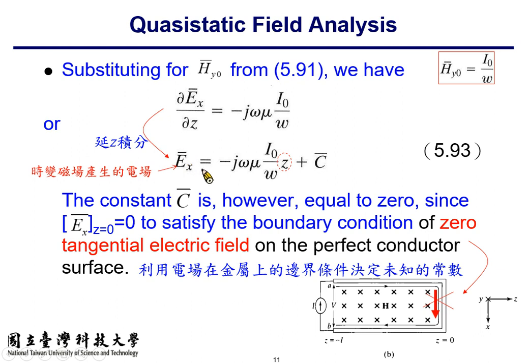So you see EX equals minus j omega mu times I sub 0 Z divided by W plus C. So we want to determine what C value is. To do this, you will resort to the help of boundary condition.